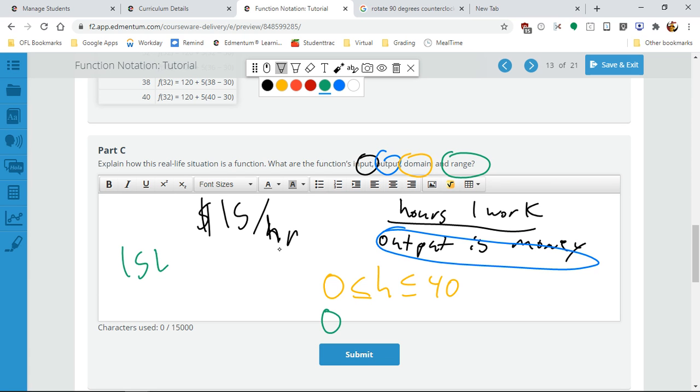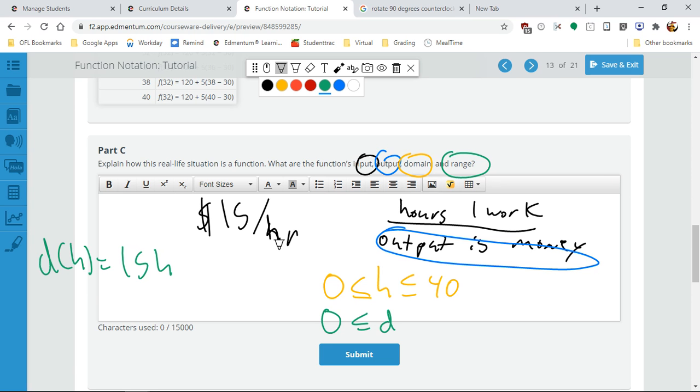Because 15 times H. This is my function, by the way. I forgot to write that down. W, or I guess dollars, because I'm doing money, dollars equals 15 times H. So if I plug in 0 for my very smallest domain, the least I can get is $0. If I don't work, I don't make money.